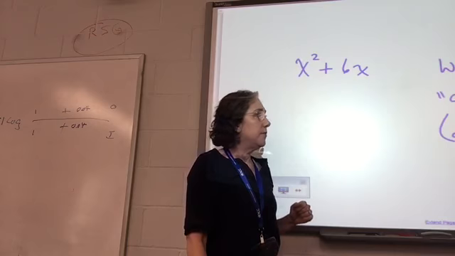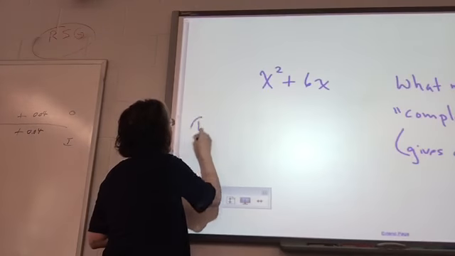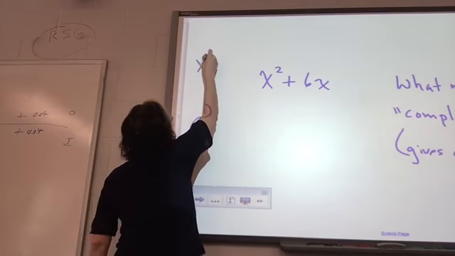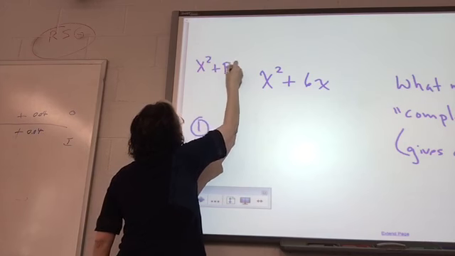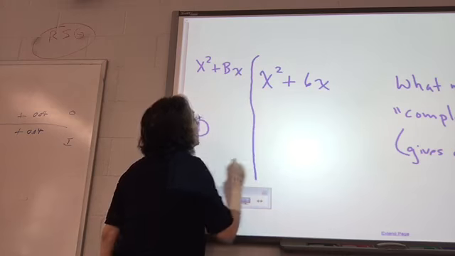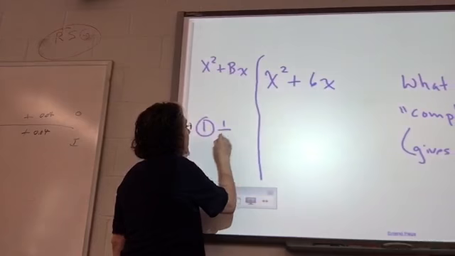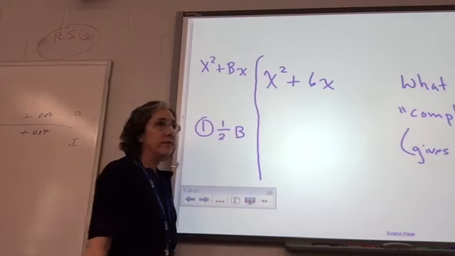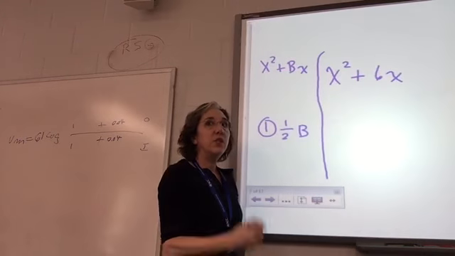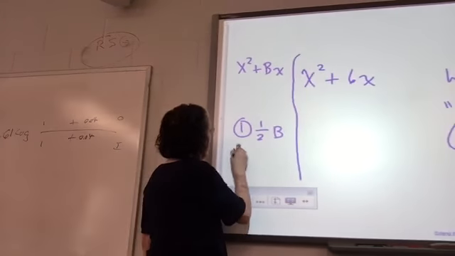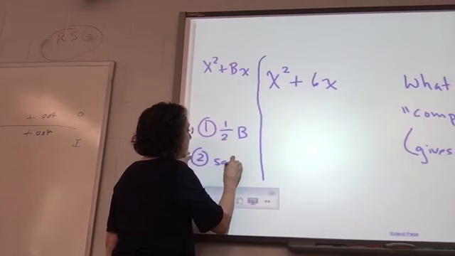Here's how you get it. If you've got x squared plus, I'm going to call it b times x, take half of b and then square that. Square your answer.